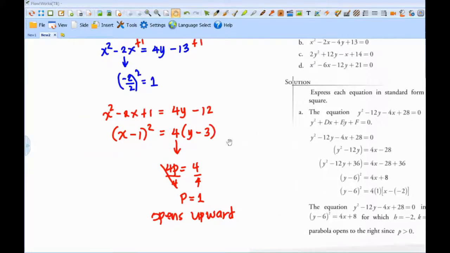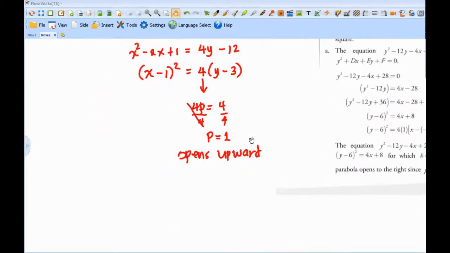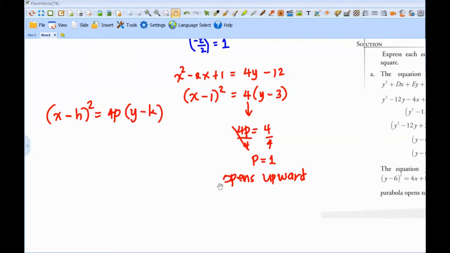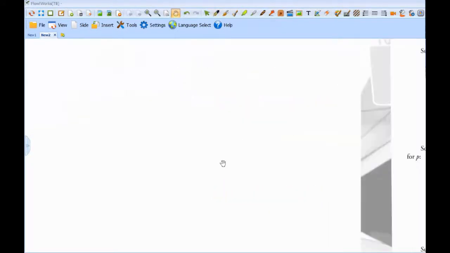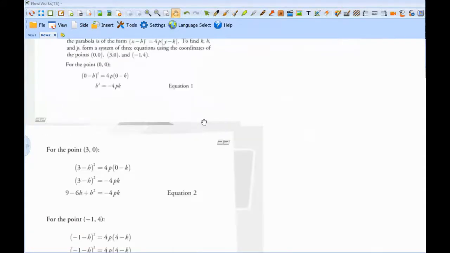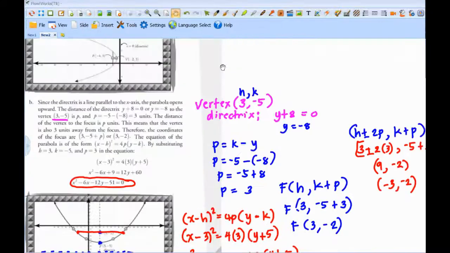When we have that, we can get our rule: x minus h squared equals 4p times y minus k, right? So let's go back to our rule of the parabola. What we need there is our focus formula.